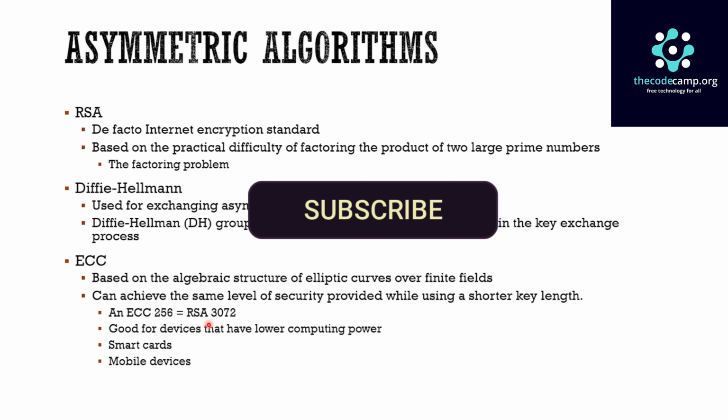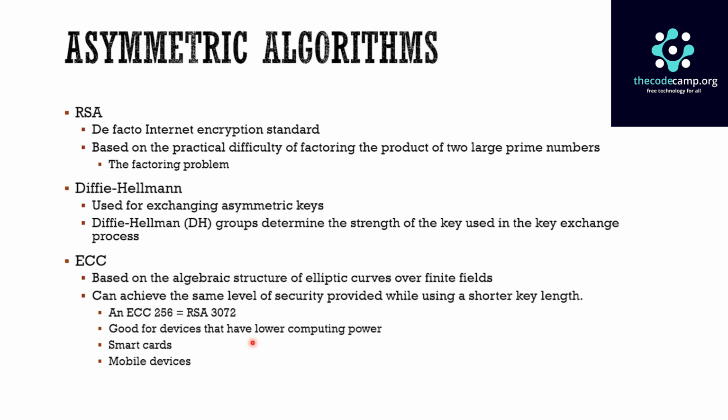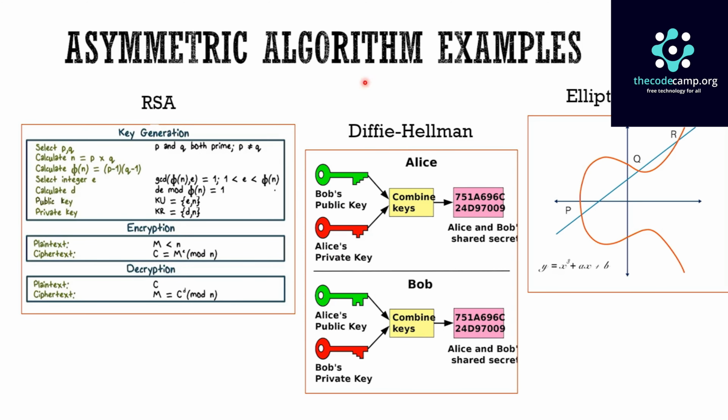Here are some examples of the algorithms for asymmetric encryption. You can see RSA is kind of a complex mathematical problem here for generating the keys, then for encrypting and decrypting. Diffie-Hellman is for exchanging keys and combining our traded keys to come up with a shared session key. And by the way, that's what we use.